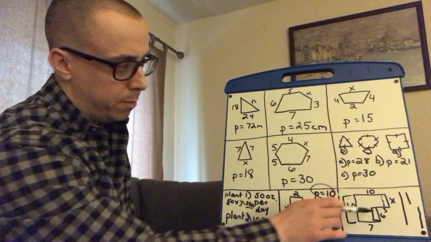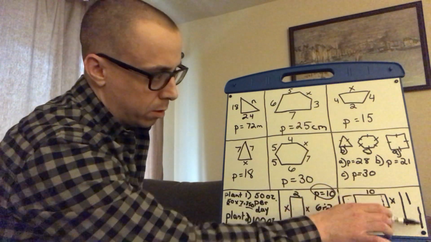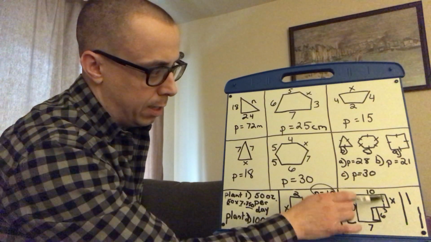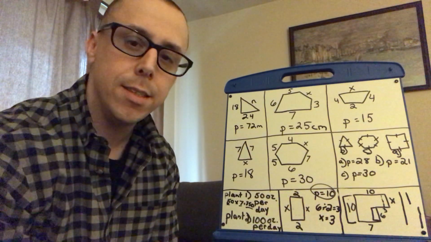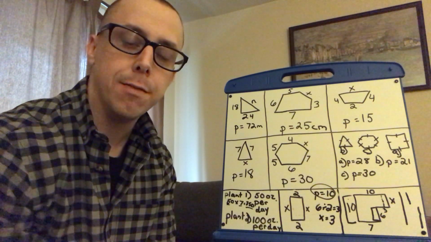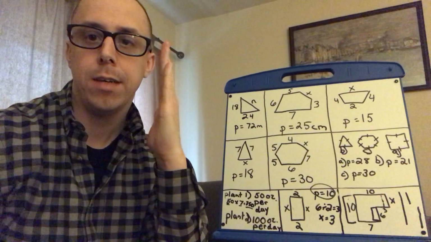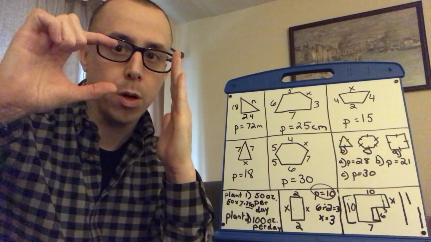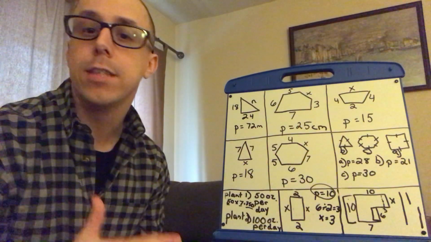So here's your 10, your 6, and then your 4. So the 6 and the 4 add up together to get 10. So when you're looking for an unknown like that, if you have one side going up and down, then look for another side that's going up and down to find that missing part that's also going up and down. And the same thing for sideways.